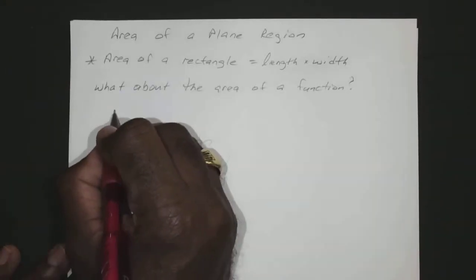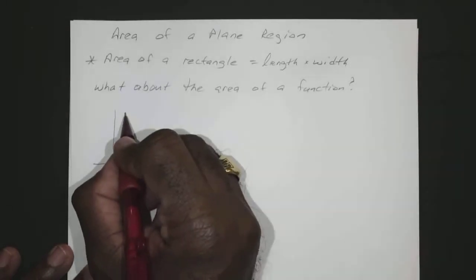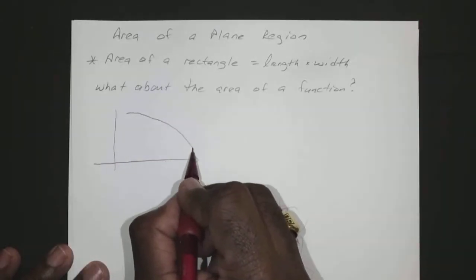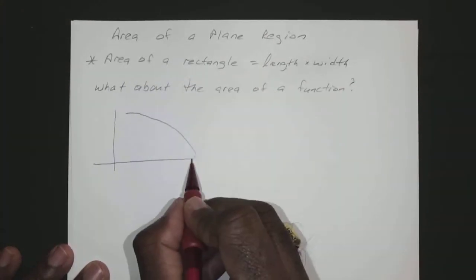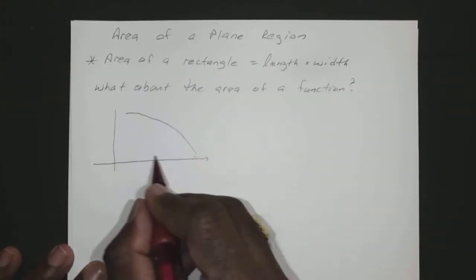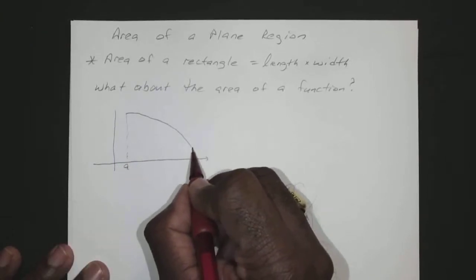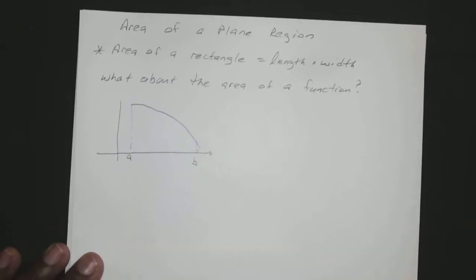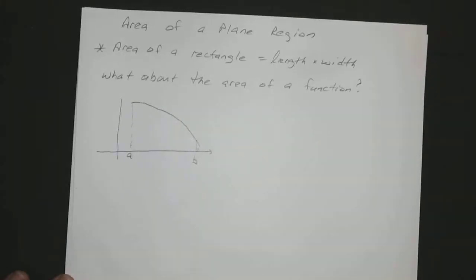Let's start here, where we'll get some function between a and b. Let's say this is our a and this is our b. And what if we want to find the area underneath that whole oddly shaped function?